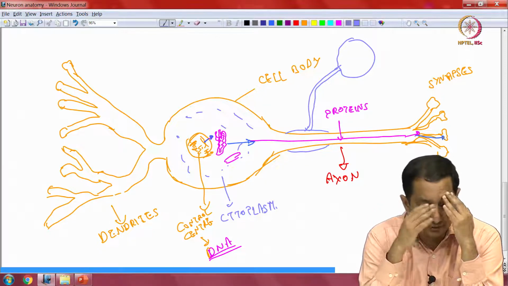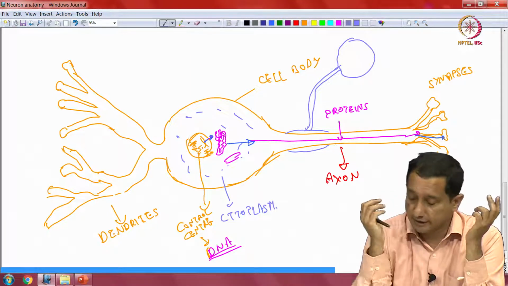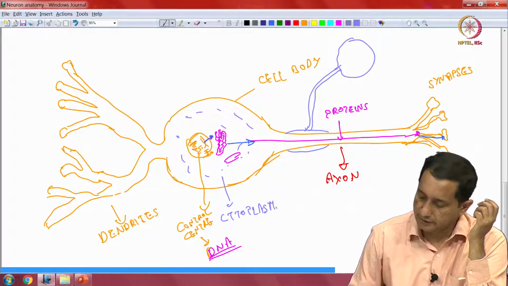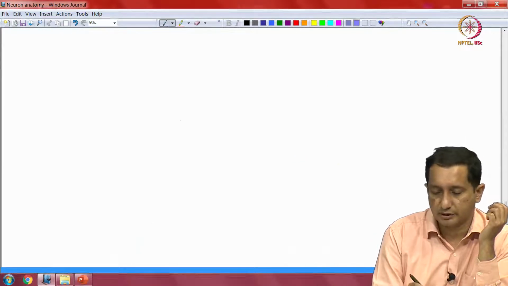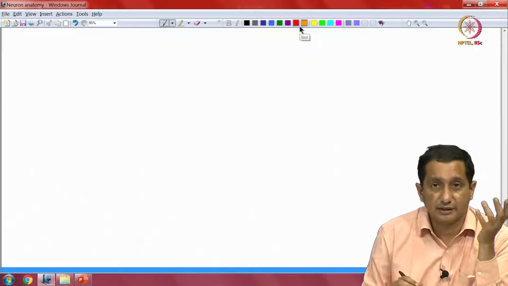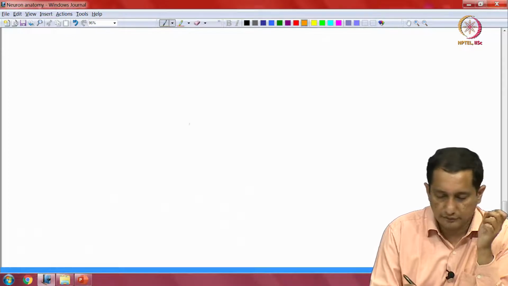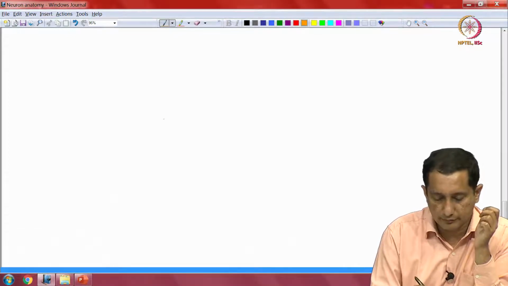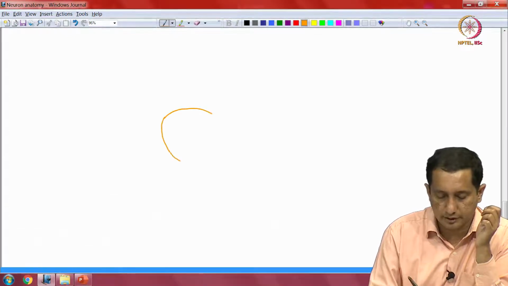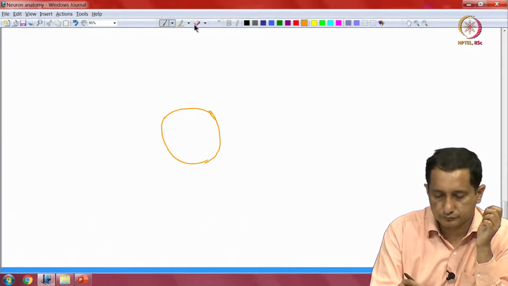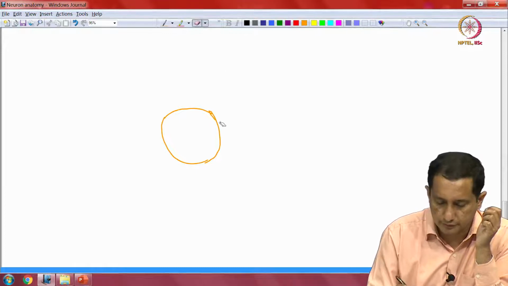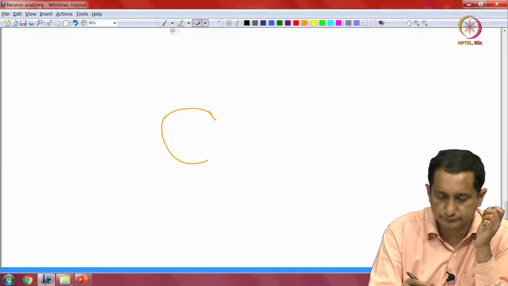So, we need to look at a little more detail in terms of the action potential, as to what happens to the action potential and how things happen, what is the destiny of an action potential. So, we go back to drawing the same neuron, but in a smaller fashion, and I think I will use a different notation.